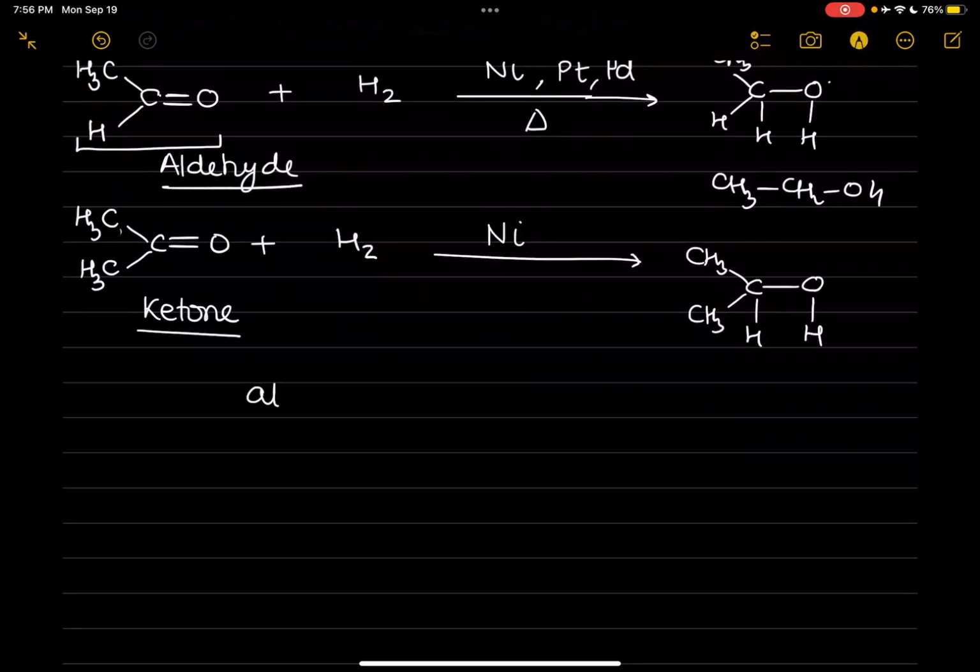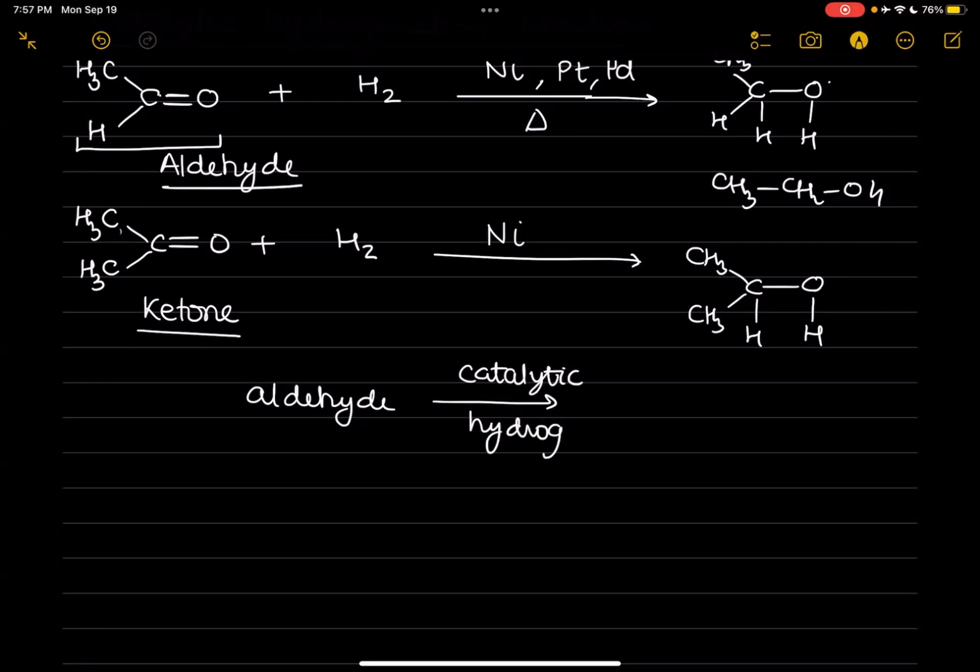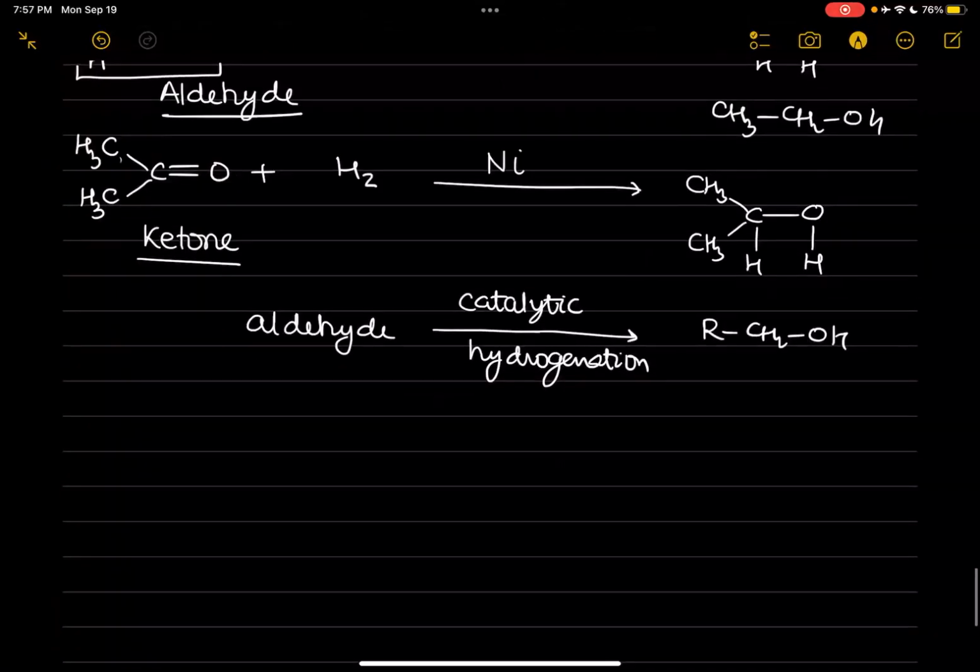Okay, H and H will get connected and you will have alcohol. So aldehydes, upon reduction or catalytic hydrogenation, I'm putting it in words. Sometimes only the reaction will not help. You should have the language in your mind. The words can help you to recall the reaction. In aldehydes, you are going to get either a primary alcohol or methanol.